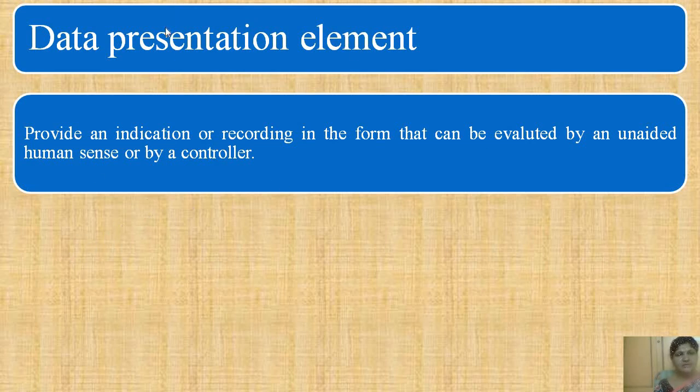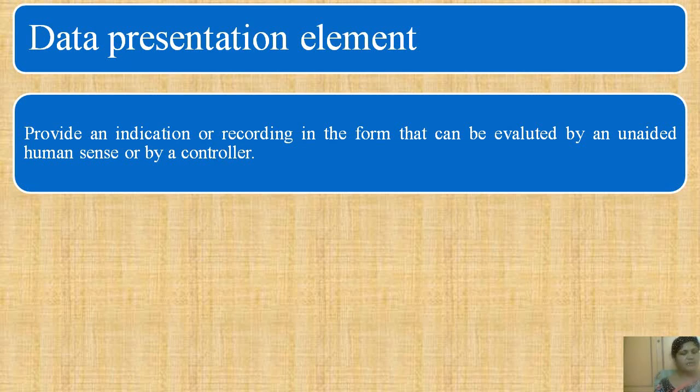It may involve display devices, which directly display the readings, or indicating devices, which indicate the readings with the help of a pointer on a scale. It may also be a recording of the value on paper.